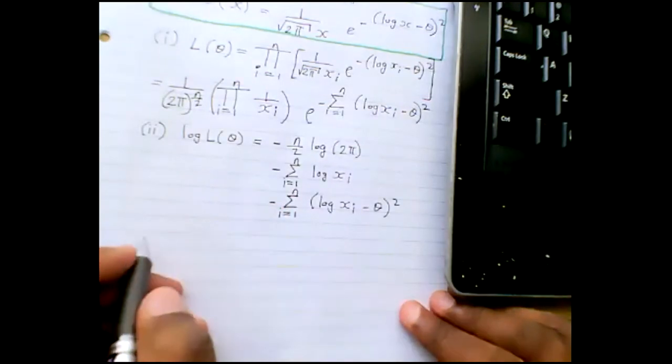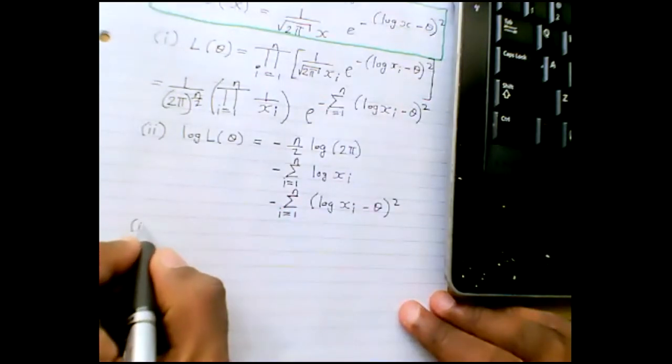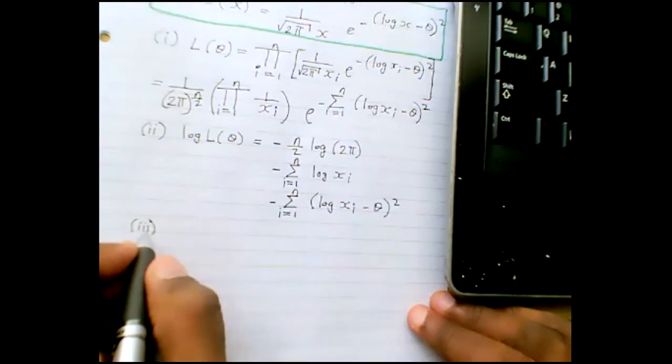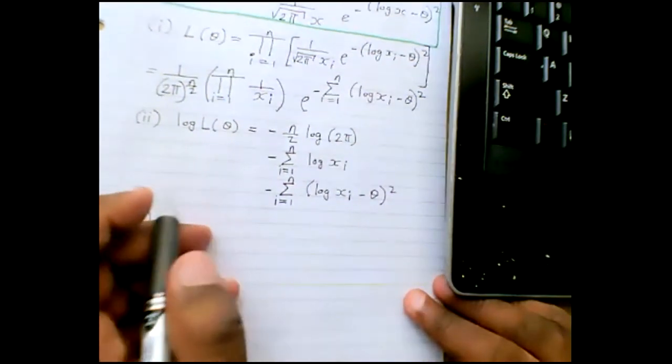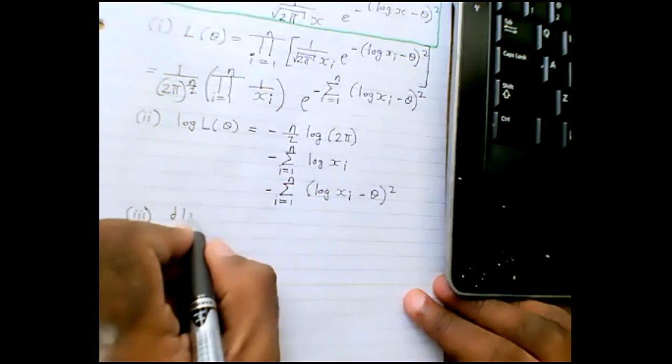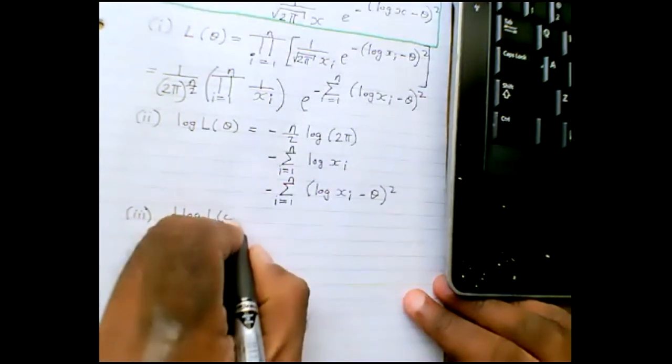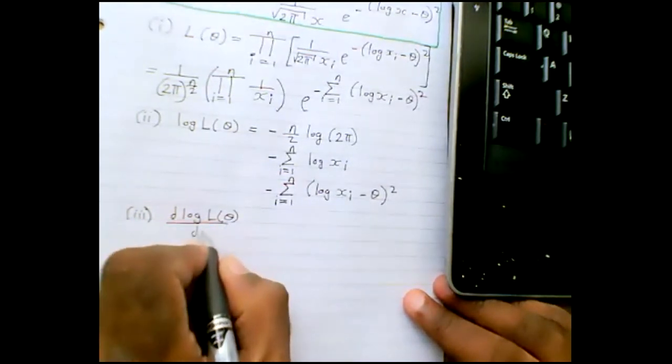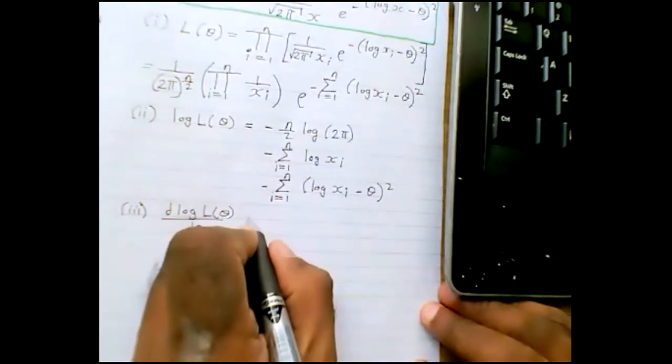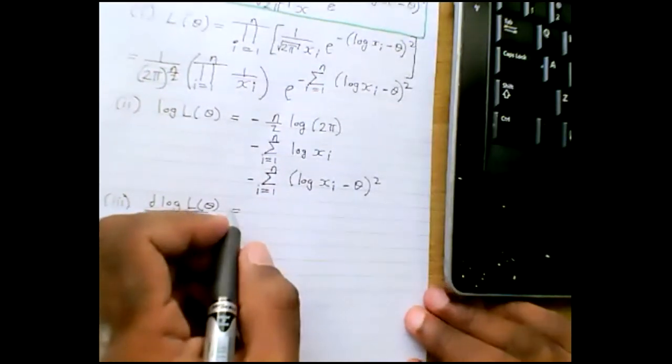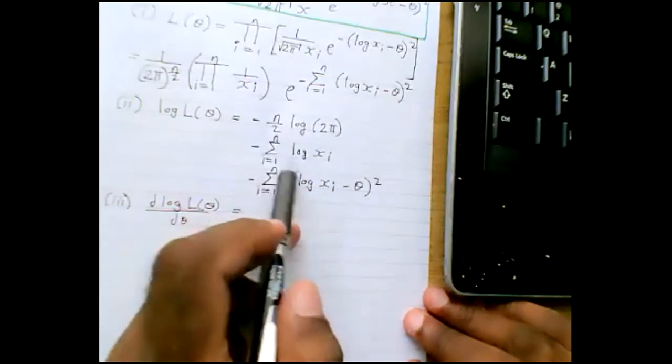Right, so part three is to take the derivative with respect to theta. Now, if you take the derivative, this is a constant, this is a constant.